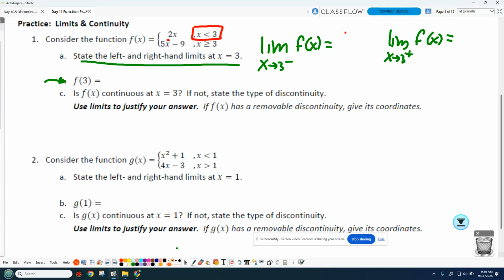Yep. Joaquin, the other side from the right? 15 minus 9. 6. Gideon, what is f of 3? 6. The equal sign is on this one, so it is also 6.